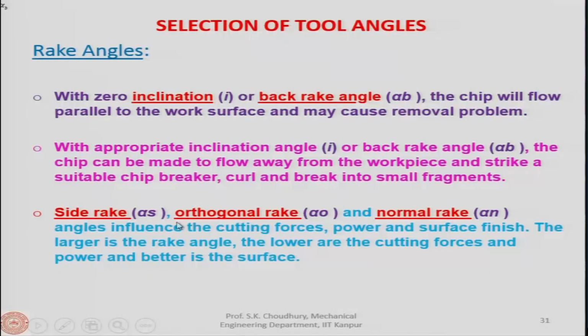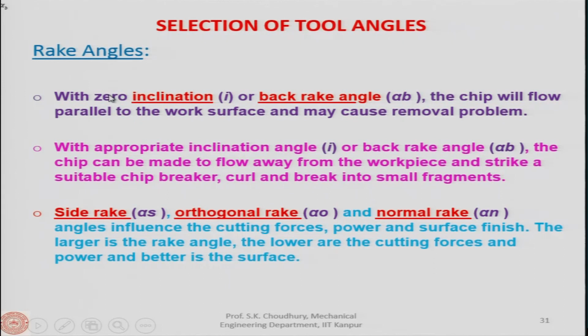Now, the side rake, orthogonal rake and normal rake angles influence the cutting forces, power and surface finish. The larger the rake angle, the lower the cutting forces and power, and the better the surface.